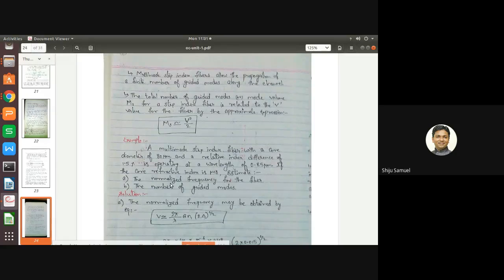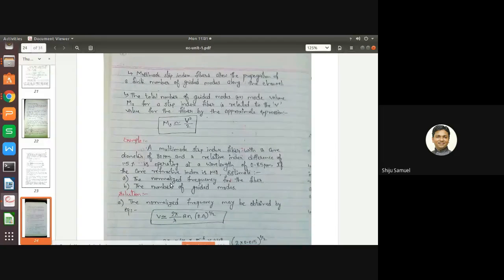So this is how to calculate the number of guided modes. M suffix S is equivalent to V square by 2, where V is the V-value of the fiber, and M suffix S is the number of guided modes, or mode volume. S stands for the step index fiber. So this is the basic definition and concept of mode volume.